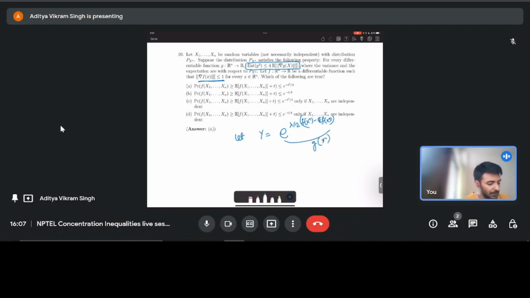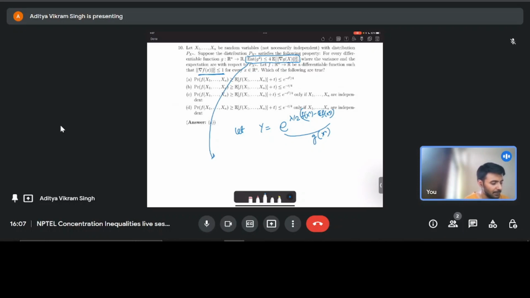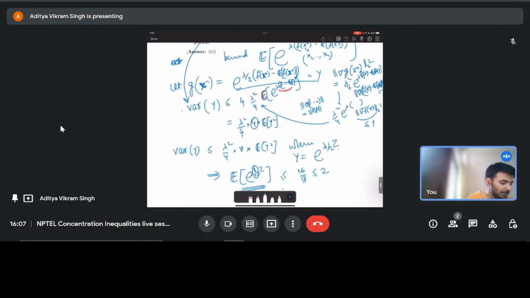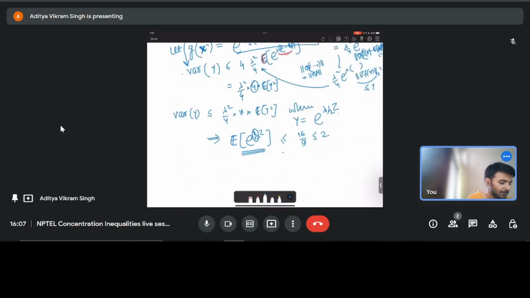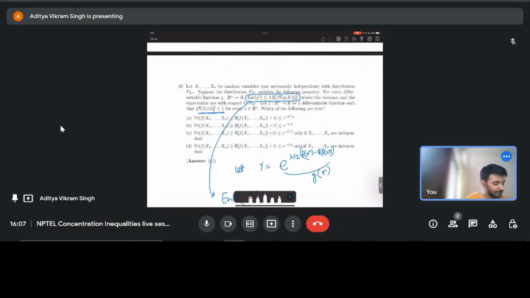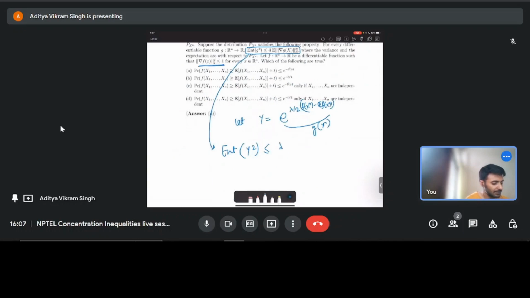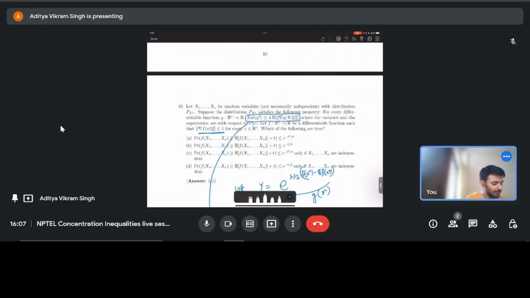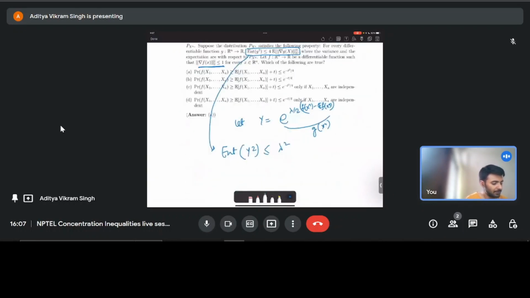So what this condition is saying is that entropy of y square is less than or equal to 4 times the norm of grad g square, which we have computed and can just copy from here. It would just be lambda square by 4, so lambda square by 4 into 4 into this, basically lambda square into expected value of y square.